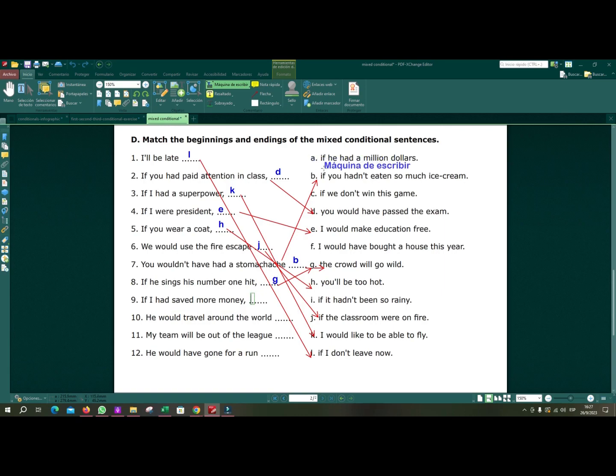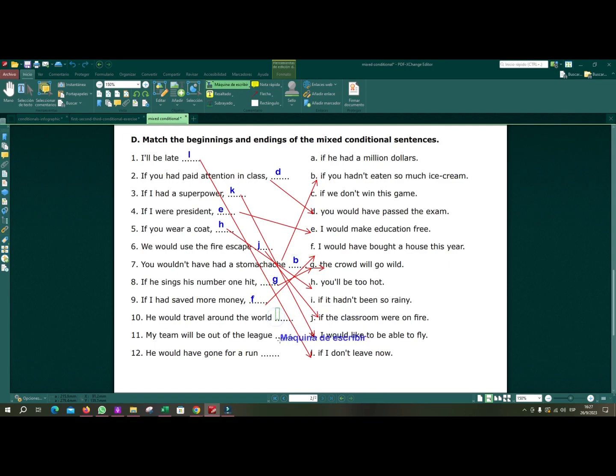So letter A, no, that wouldn't be. Letter F. So, if I had saved money, I would have bought a house this year. That will be letter F. Remember, if clause, main clause.